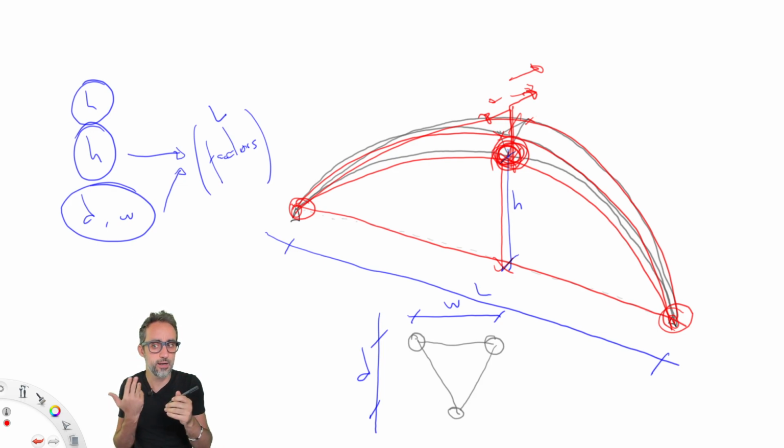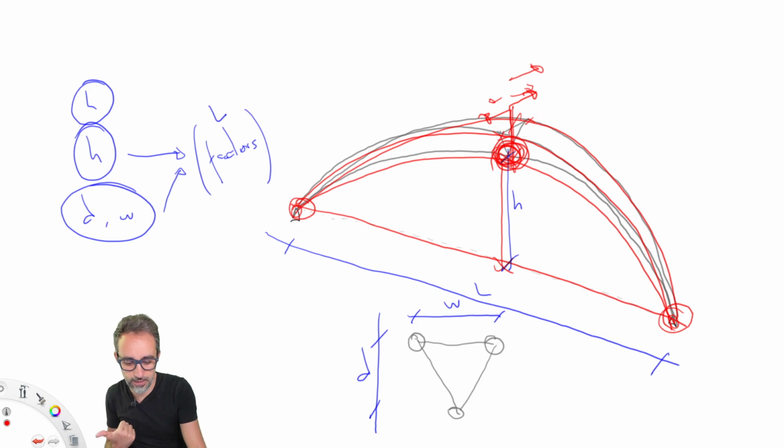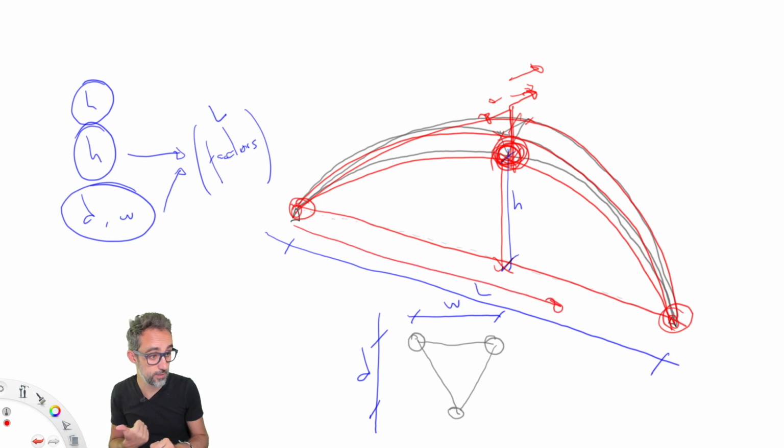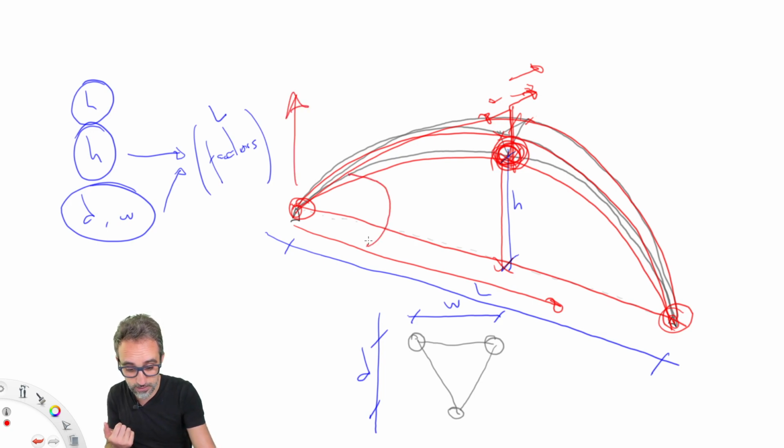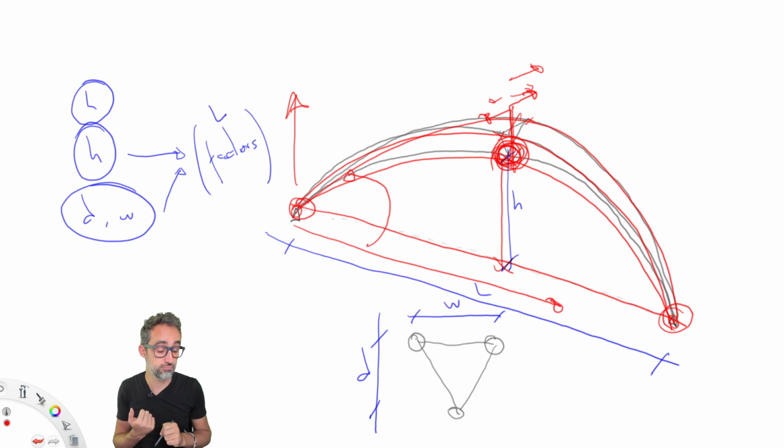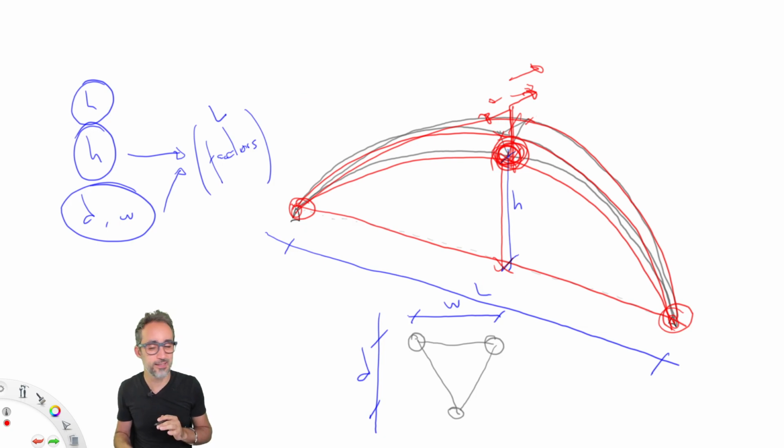So there are 2 ways that we can go about this. We can either create a vector in this direction and then take that vector and rotate it around z 90 degrees. That can be one way to go, but I'm not sure that I like that one a lot.